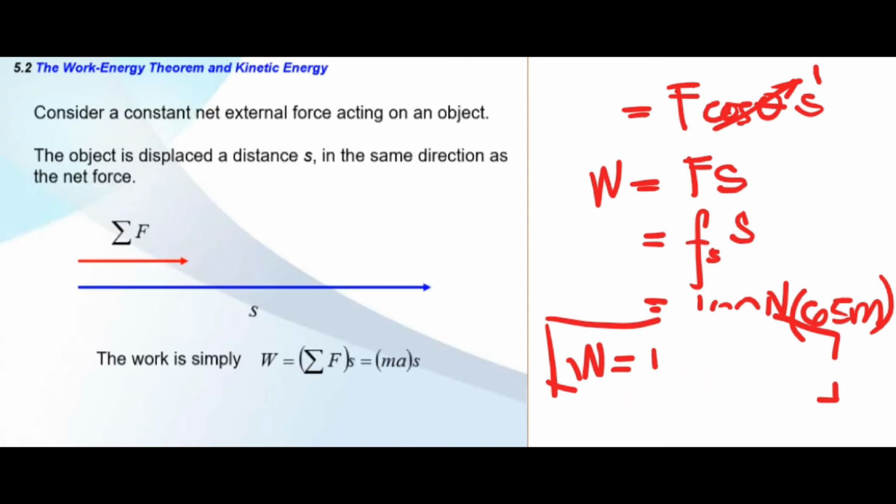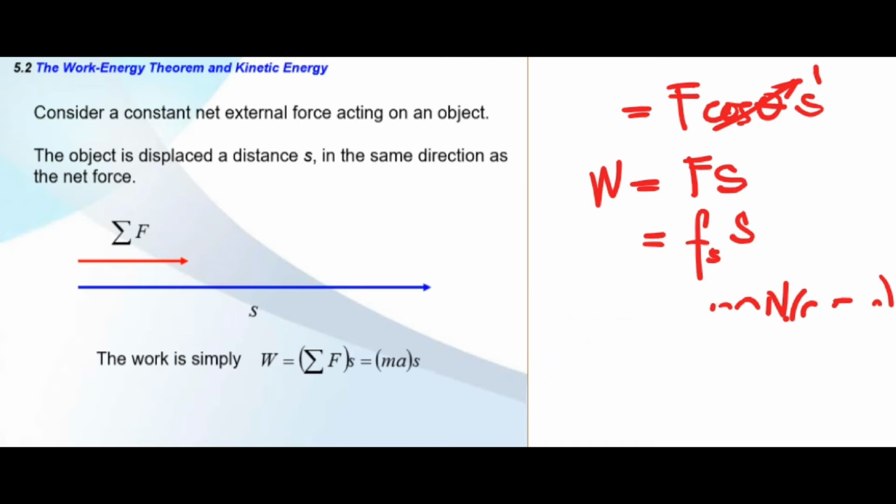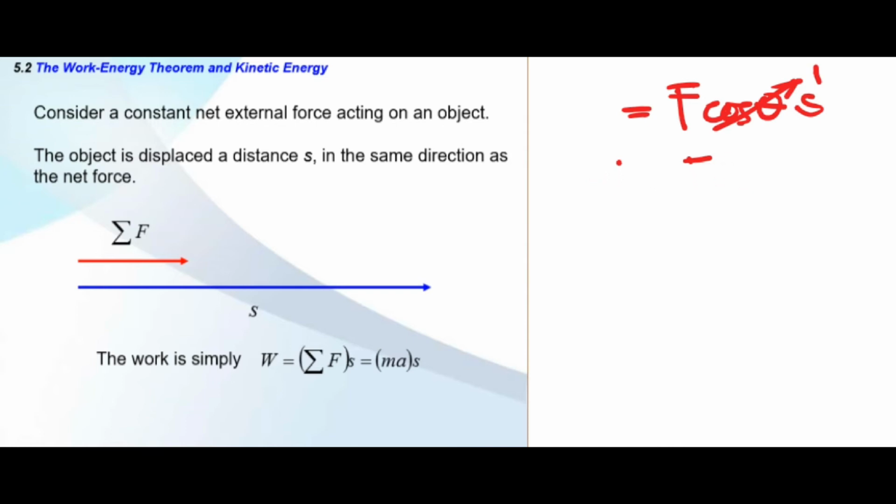So from the work equation, let us now derive the principle of energy. Now, if an object is displaced at a distance s in the same direction as the net force, this is the net force. Therefore, it is the summation of all the forces acting on the object.